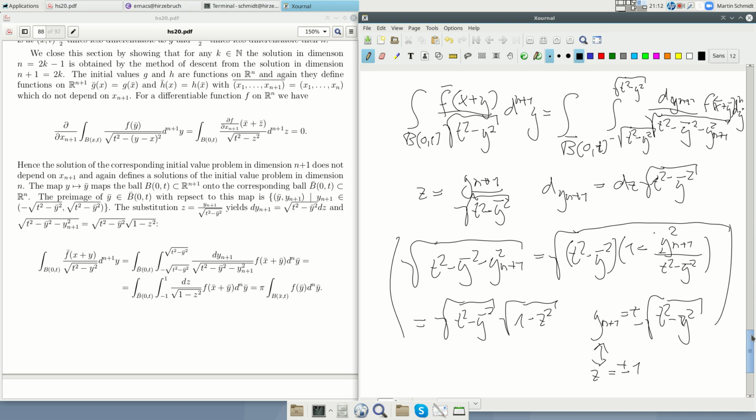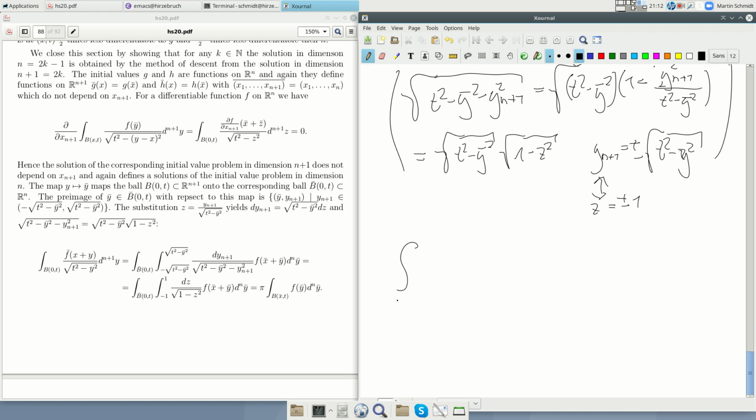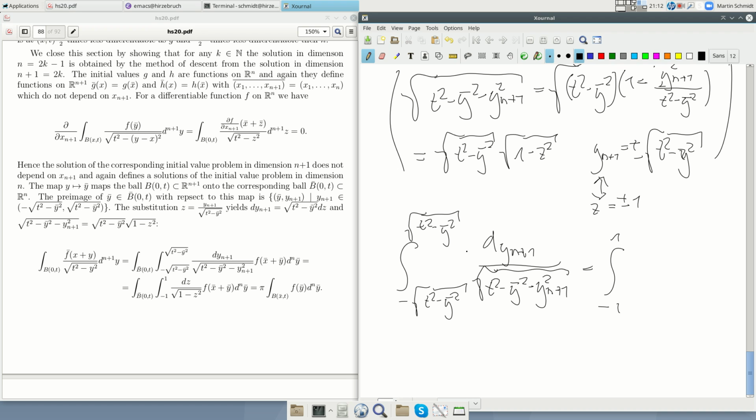So the integral from minus square root of t square minus y bar square to plus square root of t square minus y bar square of dyn+1 divided by square root of t square minus y bar square minus yn+1 square becomes, by this substitution, an integral from minus 1 to plus 1.